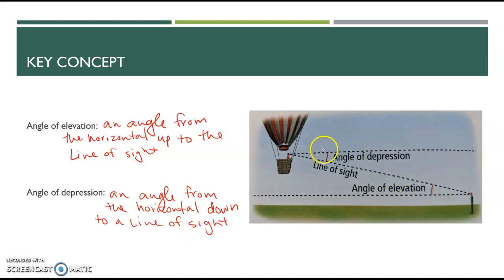But really what this means is we have these two parallel horizontal lines. Our angle of elevation is the same as our angle of depression. They're congruent. Why? Because they're alternate interior angles, and that line of sight is our transversal. So what does that mean?